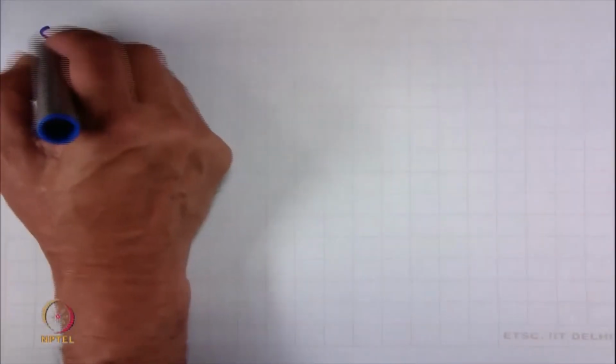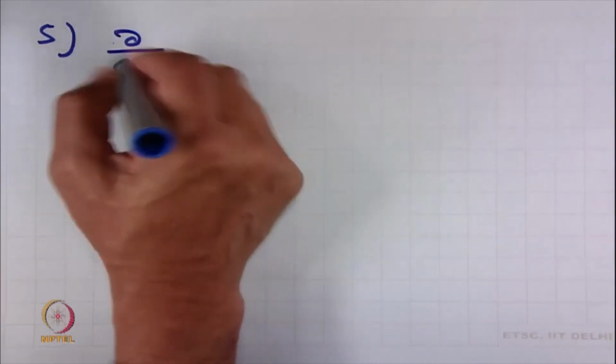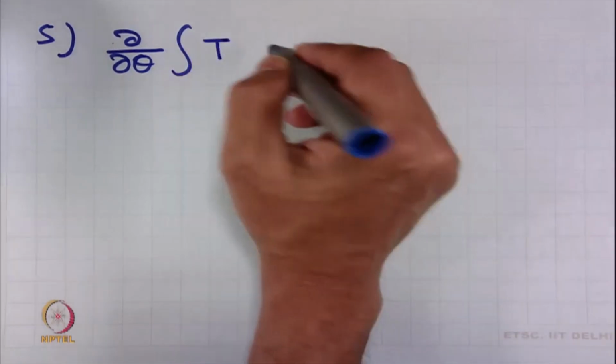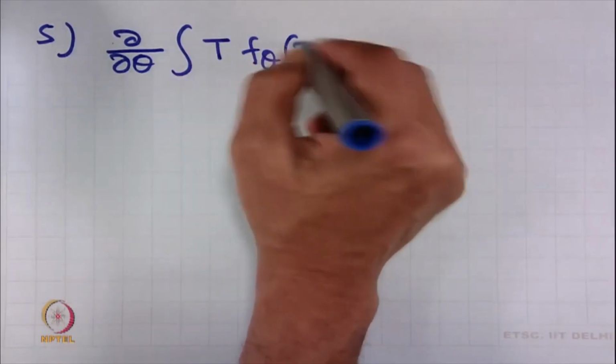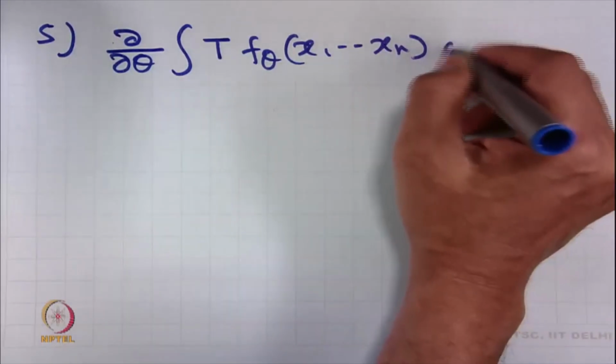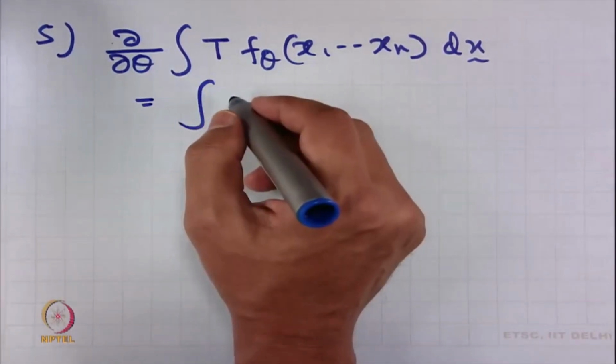And number 5 is del theta of the integral of the estimator t times f theta x 1 x 2 x n dx is equal to the integration of del theta of t f theta dx.